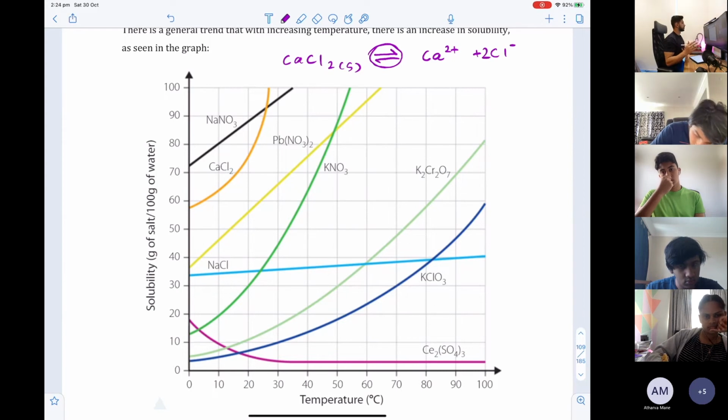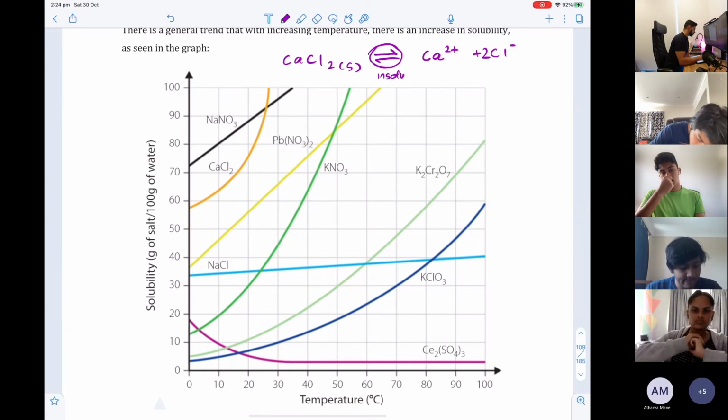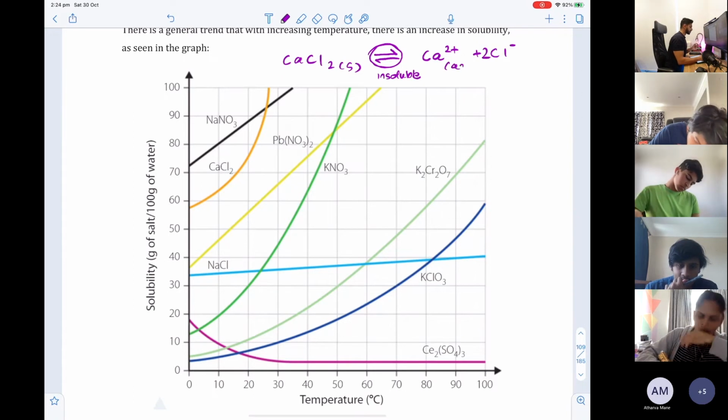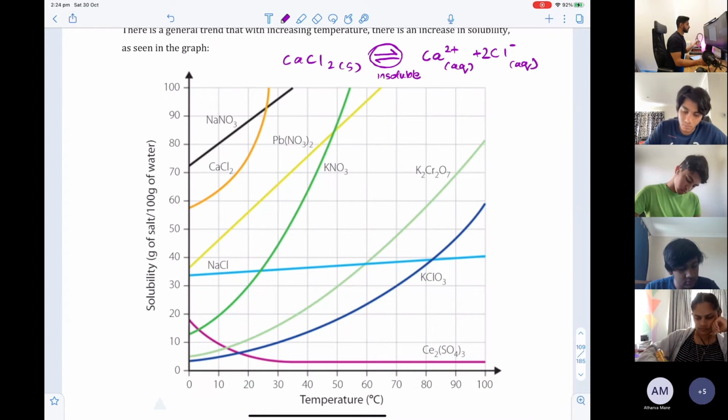Sometimes all of the salt will dissolve, right? But this is specifically for the insoluble salts. What did we say? Even when a salt is insoluble, some of it will be in aqueous state. Remember we mentioned that? It doesn't mean that every single molecule is solid state. So for insoluble salts, we would typically write an equilibrium arrow.